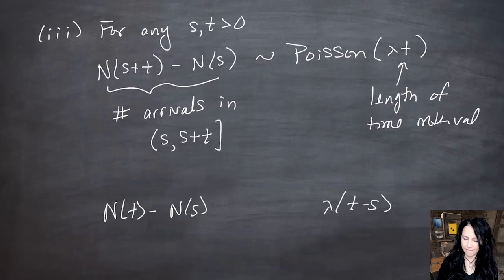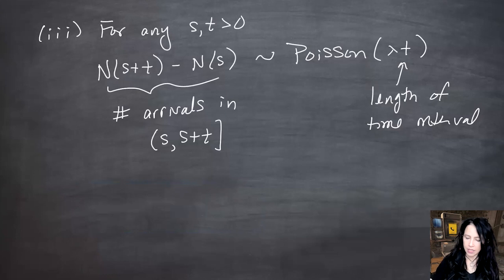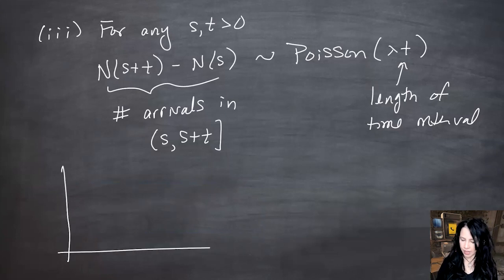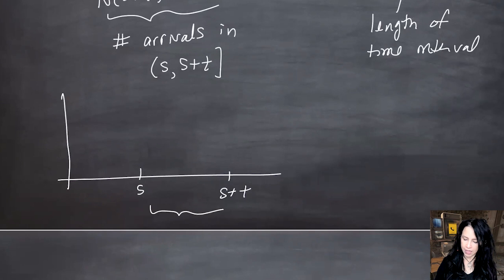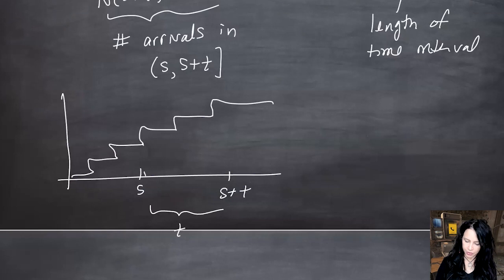More specifically, if you are looking at some time s and some later time s plus t, so you have an interval of length t, and you are looking at how this process is incrementing, the way I've drawn it, it looks like there's an arrival right there, and right there, 3 arrivals in that interval.